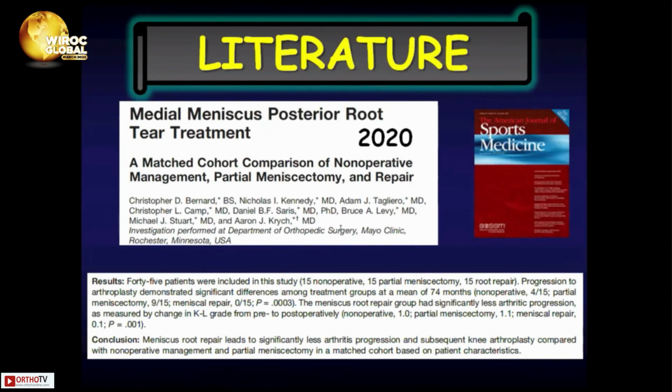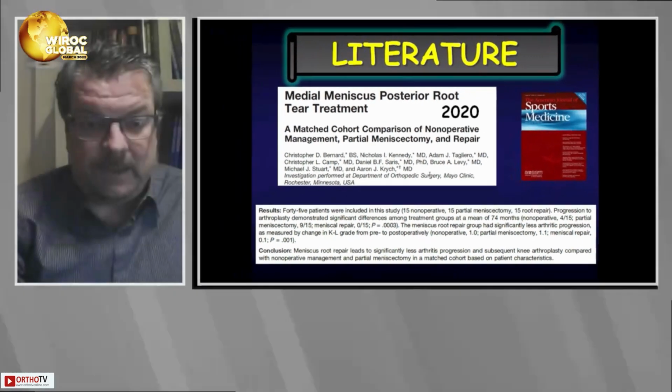What about the literature review? If we see the most recent reviews and the meta-analyses, we can find out that the meniscus root repair leads to significantly less arthritis progression and subsequent knee arthroplasty compared with non-operative management and partial meniscectomy in a matched cohort based on patient characteristics. And what about the meta-analysis?